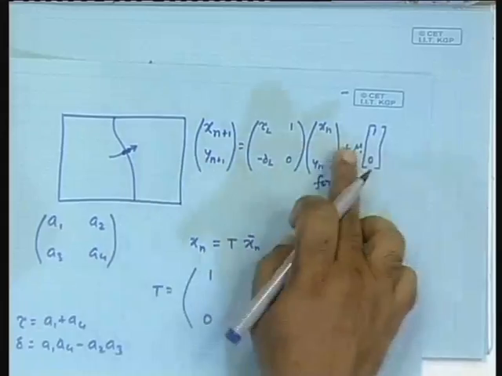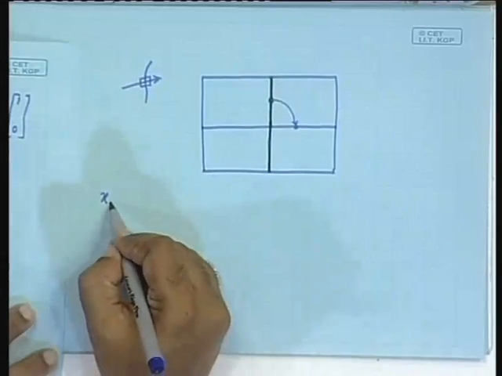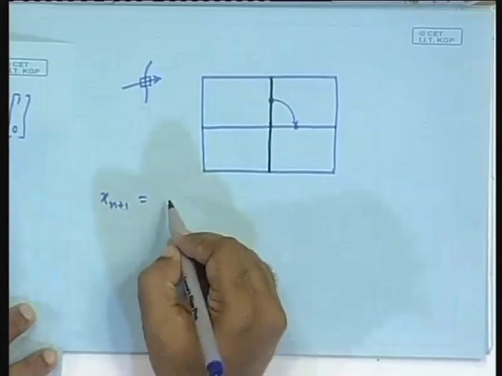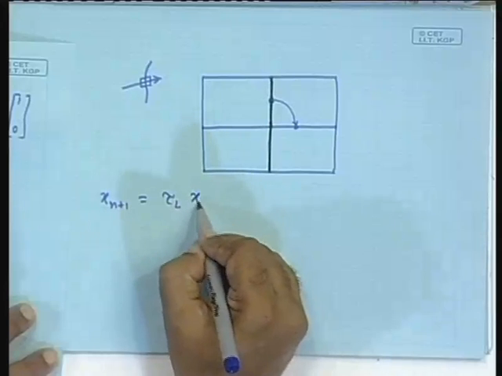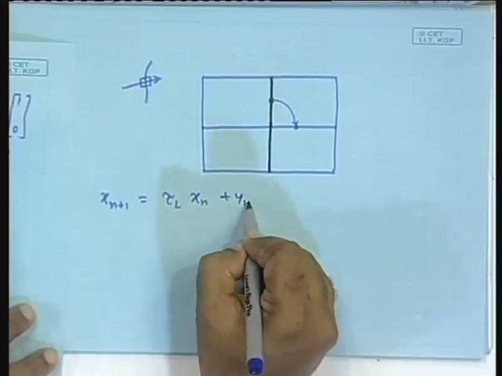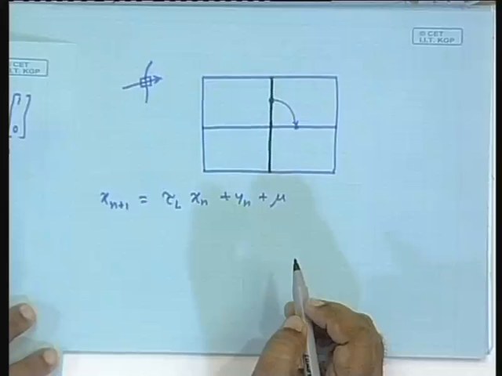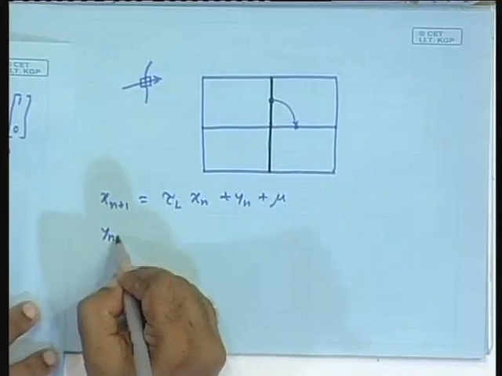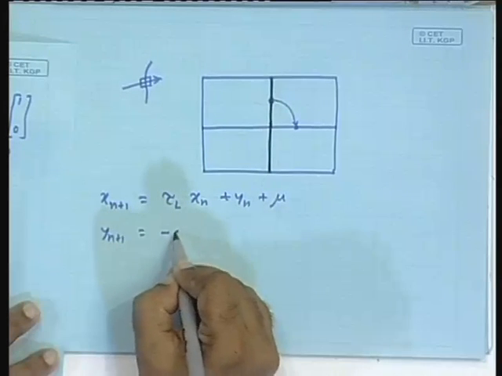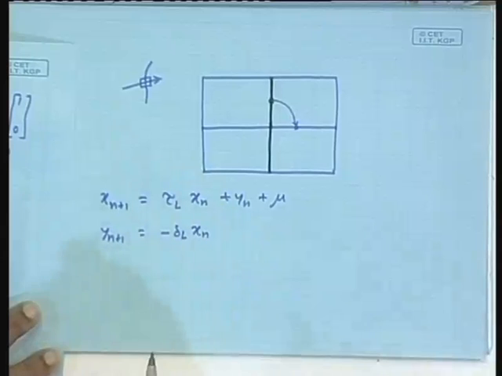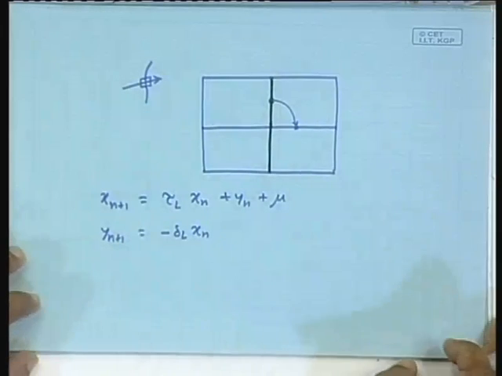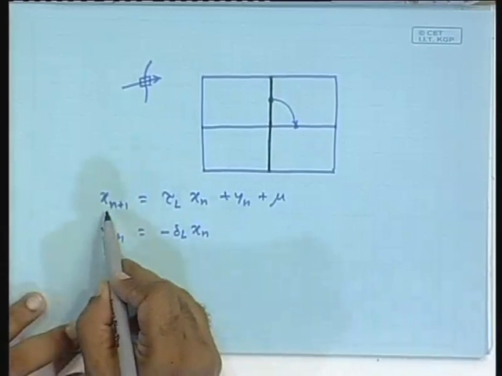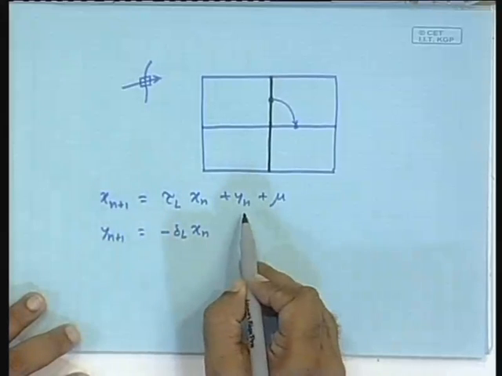So, let us write it individually. x n plus 1 is equal to tau L x n plus y n plus mu, and y n plus 1 is equal to minus delta L x n, that is all. How to find out the fixed point? You will say that x n plus 1 is equal to x n, y n plus 1 is equal to y n.